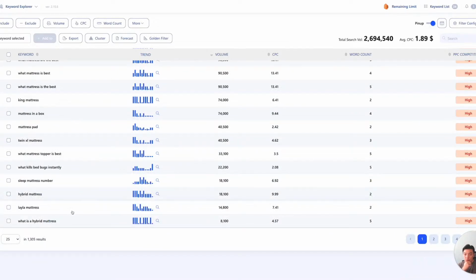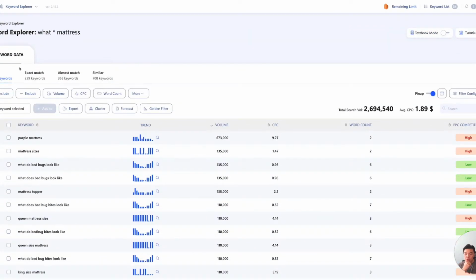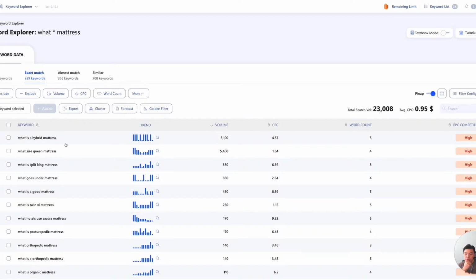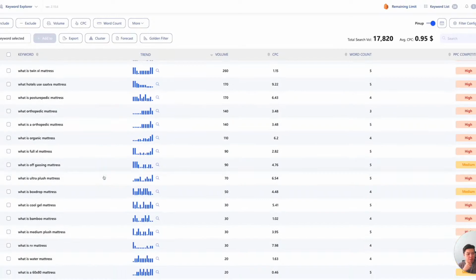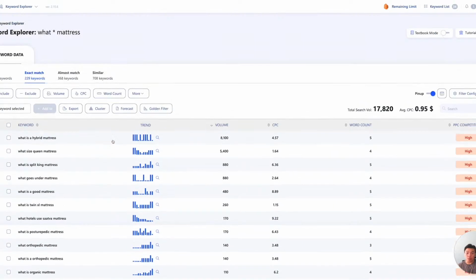So as you scroll and really dissect, particularly for exact match, you get a very different, insightful picture of how certain brands are doing their content strategy. And as you can see here, Casper is definitely winning the game of SEO.